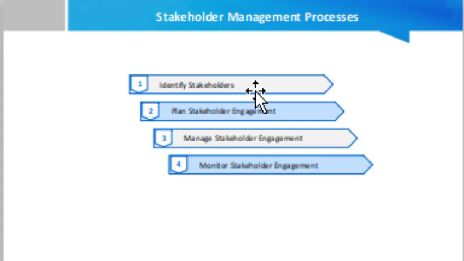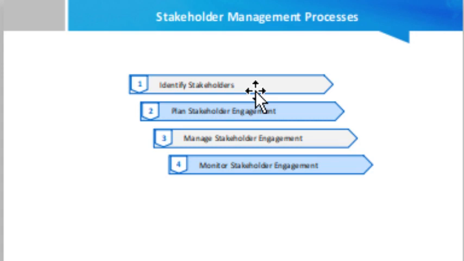So you need to identify who your stakeholders are, for example the project manager from the customer side, the CEO, the CTO, the functional manager from the customer side. These are the external stakeholders, who are outside your organization.